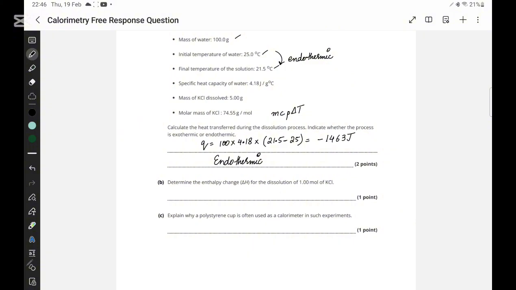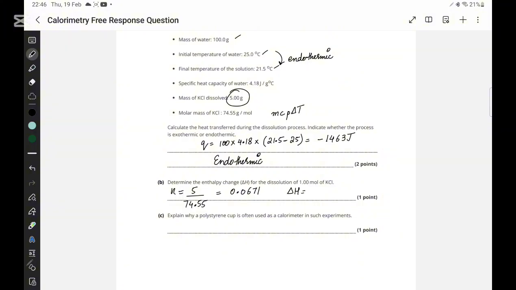Determine the enthalpy change for dissolution of 1 mole of potassium chloride. So first calculate the mole: mass over molar mass. Mass is 5 grams and molar mass is 74.55 for potassium chloride, and the answer comes out to be 0.0671.